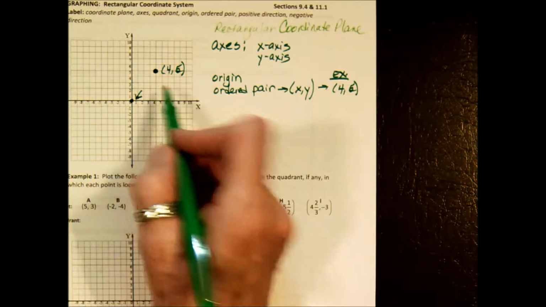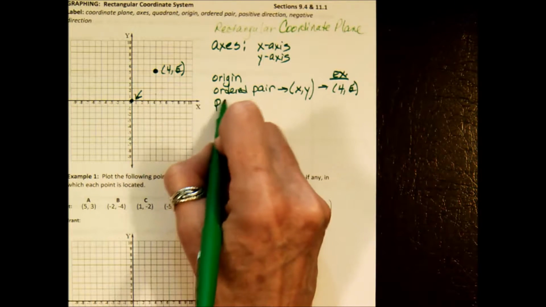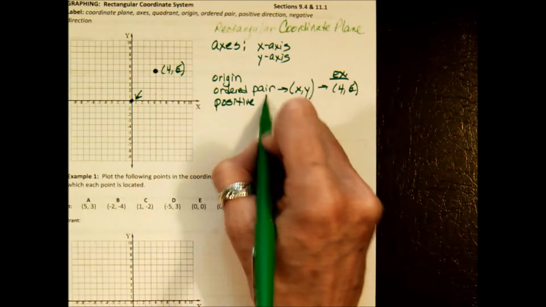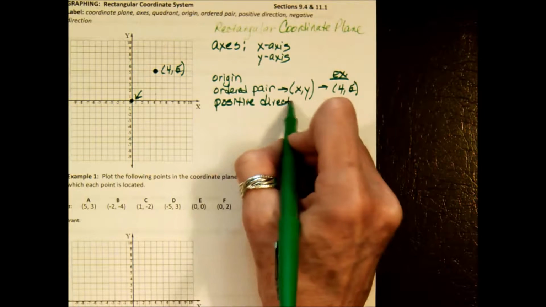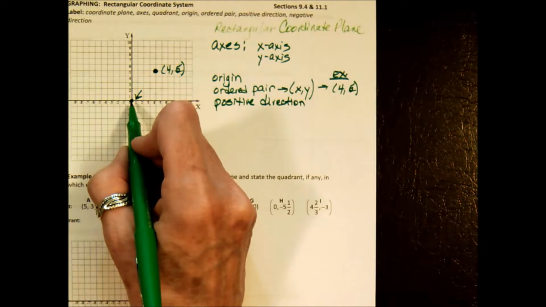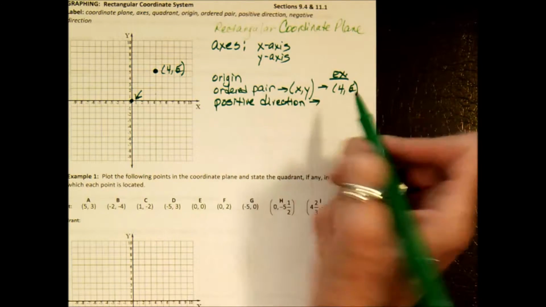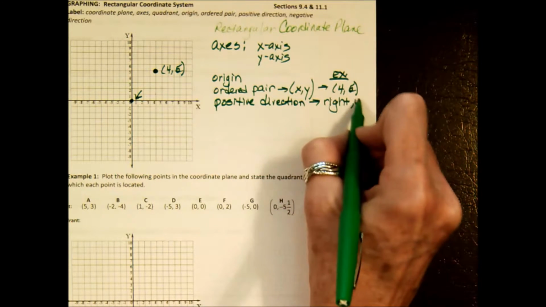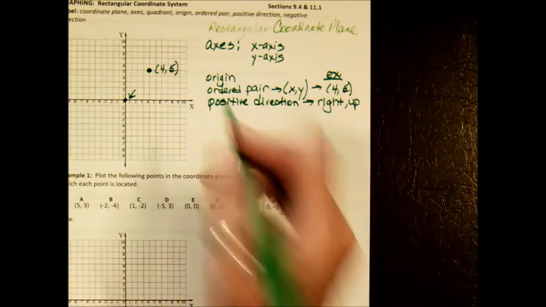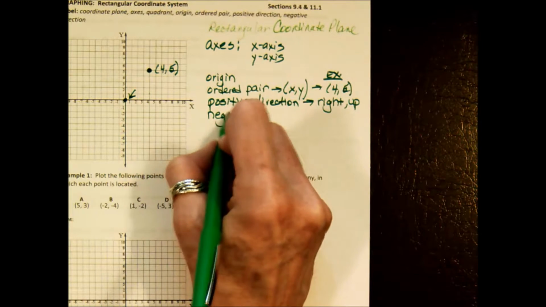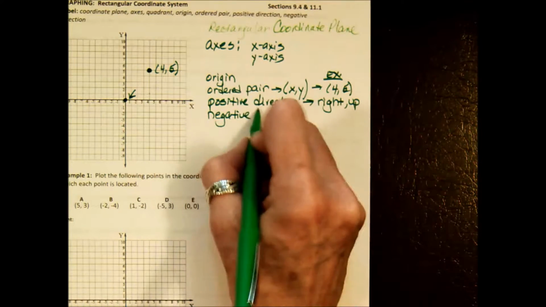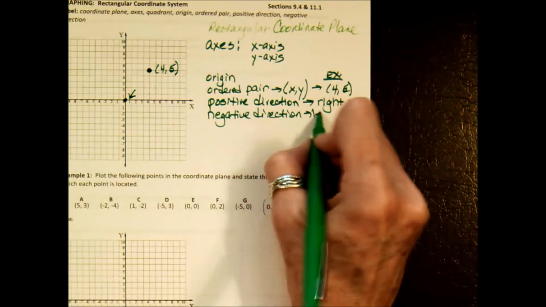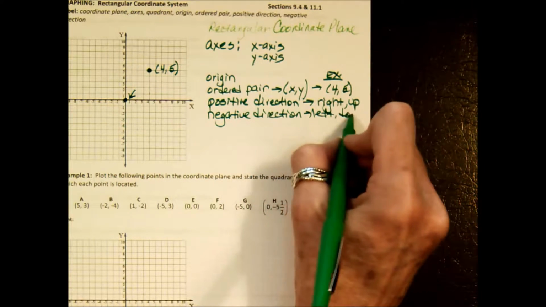Let's talk about positive direction versus negative direction. When you are traveling from the origin on the coordinate plane, the positive directions are right and up. The negative directions, obviously, are the opposites, so it would be left and down.